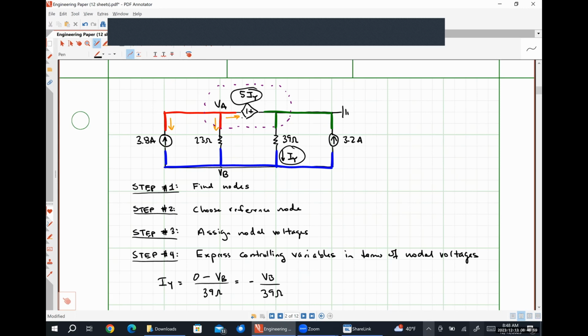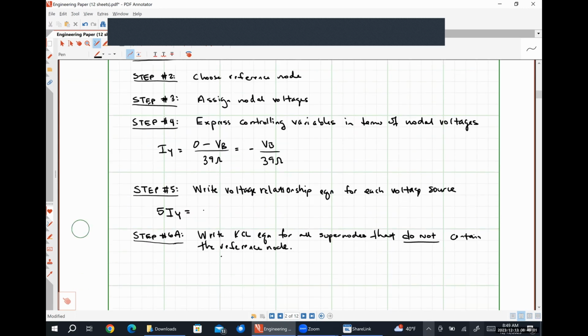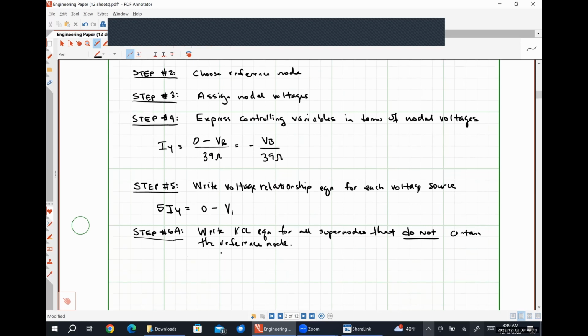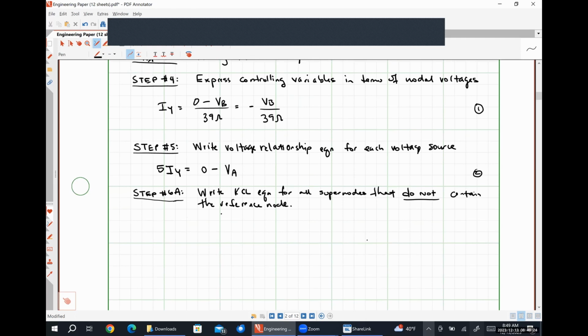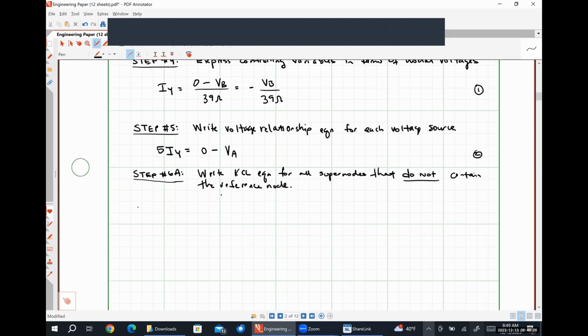So 0. Okay. Minus the nodal voltage at the negative polarity terminal of our voltage source, which would be VA. So this is our voltage relationship equation, right? So let's count some things up here. We have one equation here, 2 equations here. So now we just need to figure out where our third equation comes from.